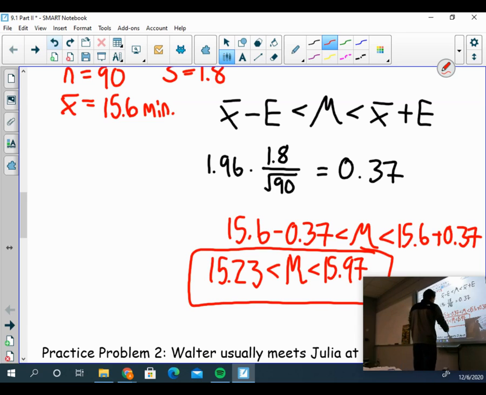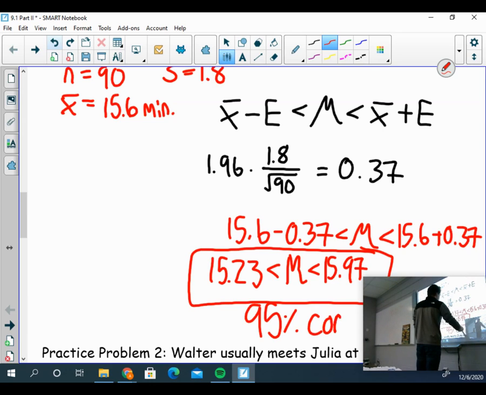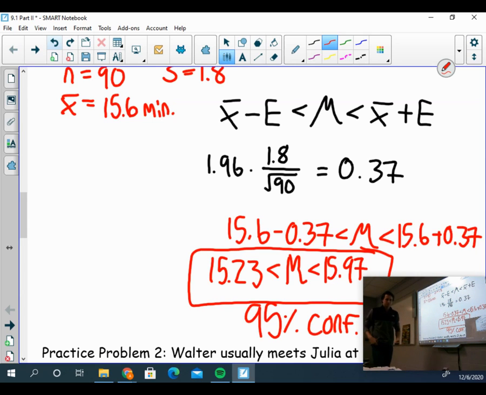And we can say this with a 95% level of confidence. This is the confidence interval process.